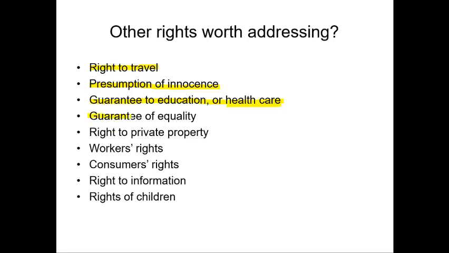Could there potentially be a guarantee of equality, which has other problematic elements as far as guaranteeing that, but could that be a possibility? Could there be a right to private property, even though the United States is very much a system that is conducive to property rights, but could that be put in there?